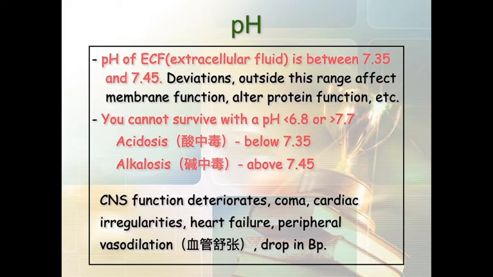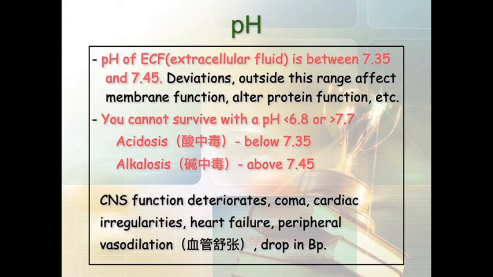ECF, we're all very familiar with. It stands for extracellular fluid. The pH of extracellular fluid is between 7.35 and 7.45. Deviations outside this range affect membrane function, alter protein function, and so on.